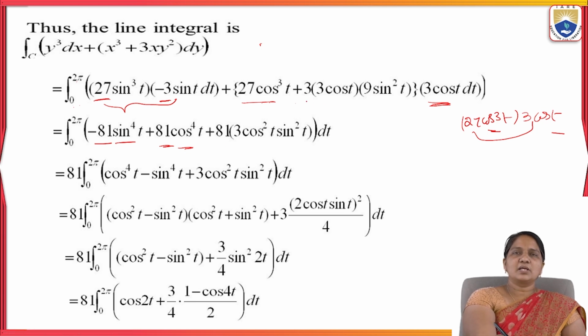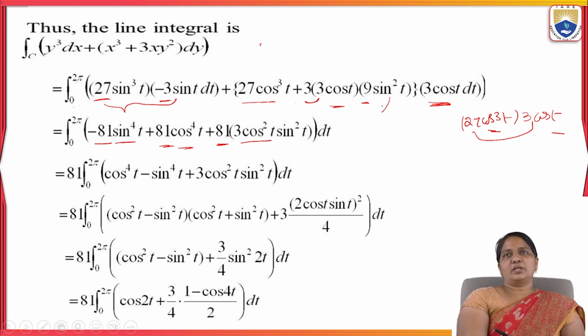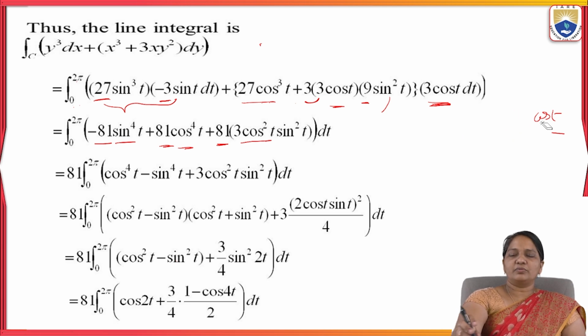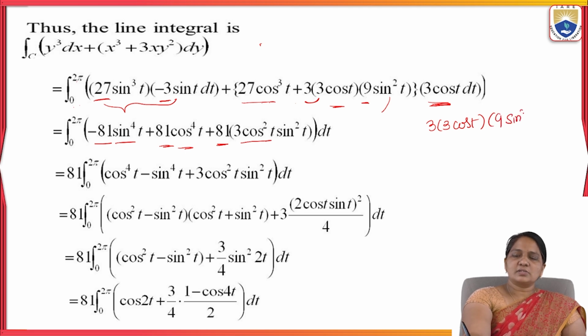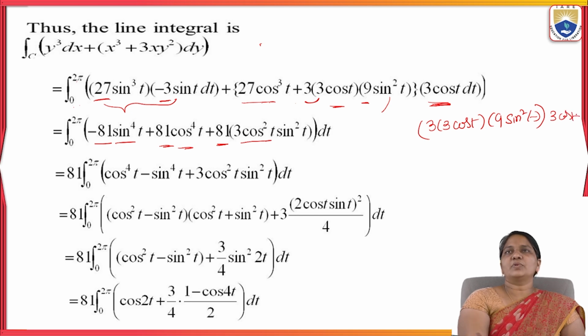Next term, plus 3 3s are 9 here. 9 and one more 9, 9 9s are 81. So 81, 3 cos t, here cos t. So 3 cos square t and sin square t. Here, if you want, I will give the simplification: 3 into 3 cos t into 9 sin square t into 3 cos t into 3 cos t.